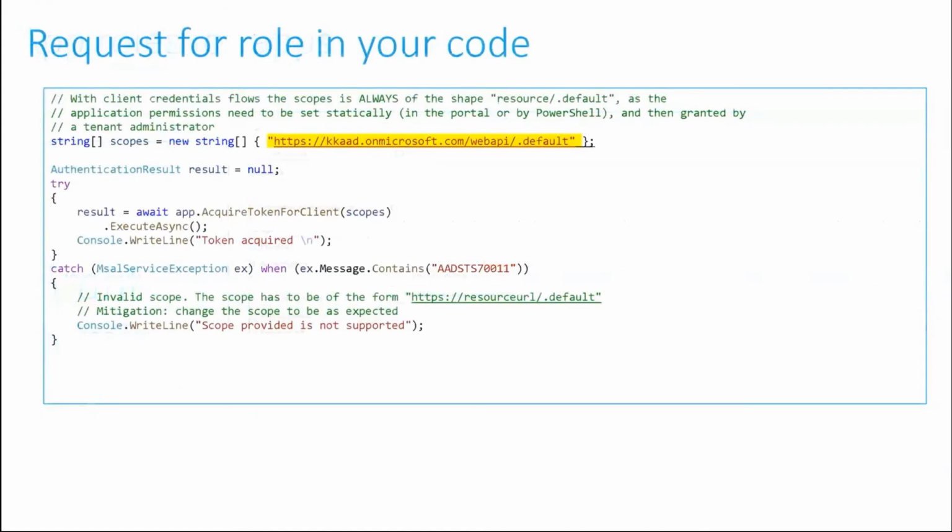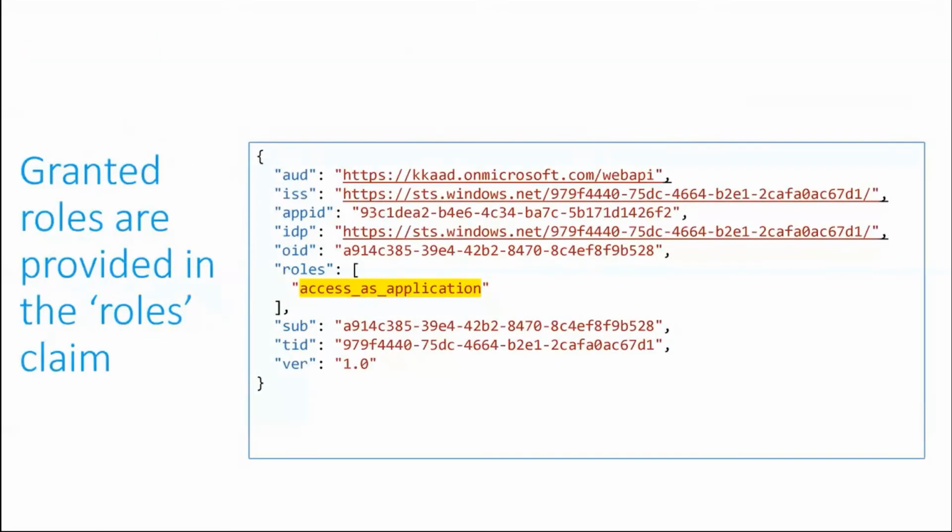After that, once the client application obtains an access token for this API, this is the format that you need to use in AAD v2, which is to append a .default at the end of the scope request. Once you do this, you would get the roles or the app permissions in the roles claim as well.